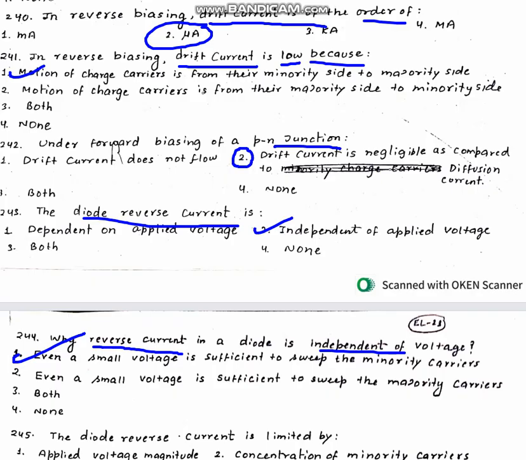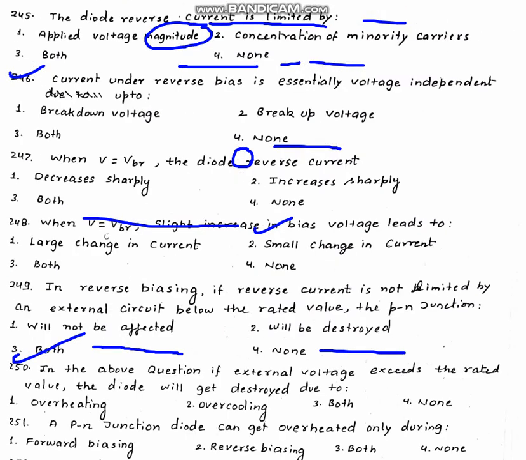First is correct. Next is, the diode reverse current is limited by, obviously, the concentration of minority carriers. Second is correct over here.